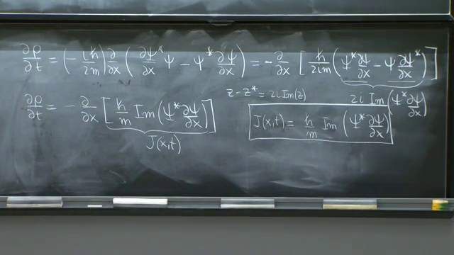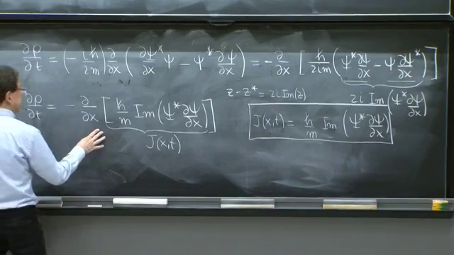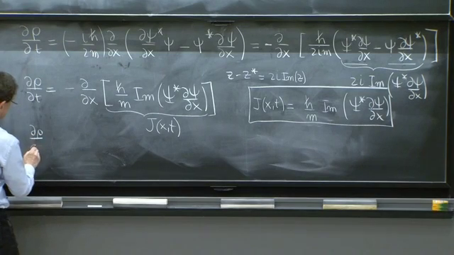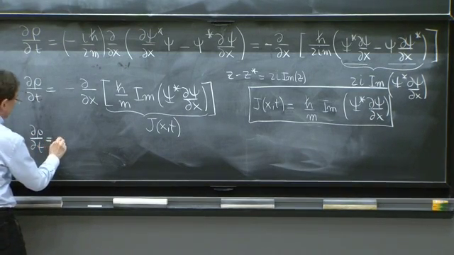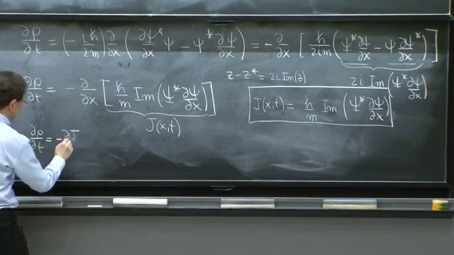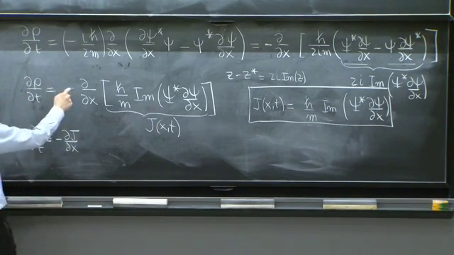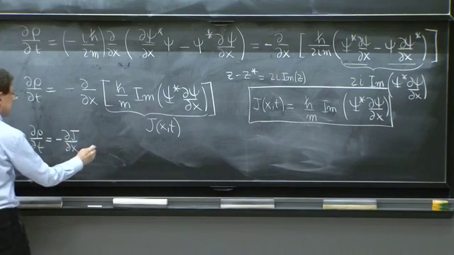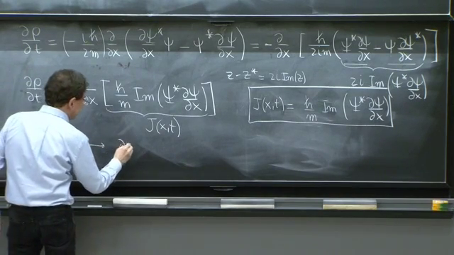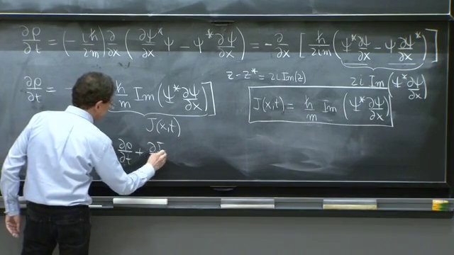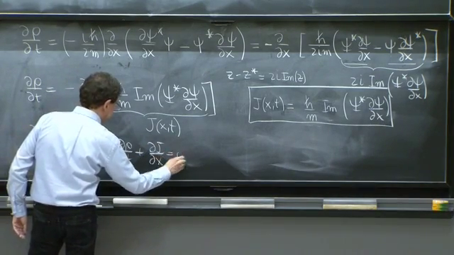So if this is called the current density, you would have an equation here, d rho dt is equal to minus d dx of j, or d rho dt plus dj dx is equal to 0.